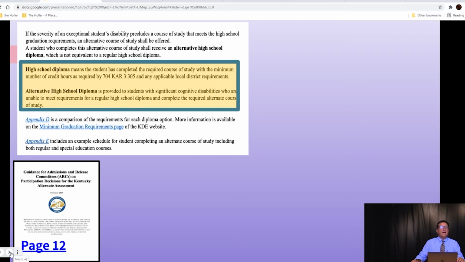So you see the highlight there of the difference between the two. If you're on alternate assessment, you're not going to be receiving the high school diploma, but you're going to be receiving the alternative high school diploma, which is provided to students with significant cognitive disabilities who are unable to meet those requirements for the regular high school diploma, and they'll complete that required alternate course of study.